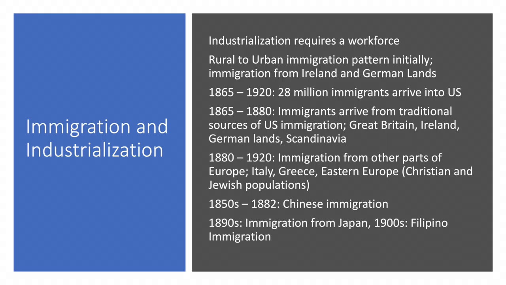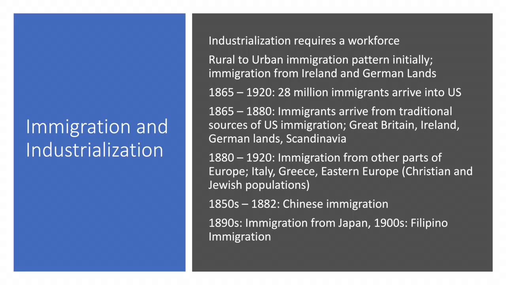They were understood to be mostly Protestant, because immigrants from Britain, from Wales, England, Scotland were Protestants. From the German lands, you could have Catholics, but a lot of the immigrants that came to the United States were Protestant. Scandinavia was largely Protestant. So they were understood to be white and they were understood to be Protestant.